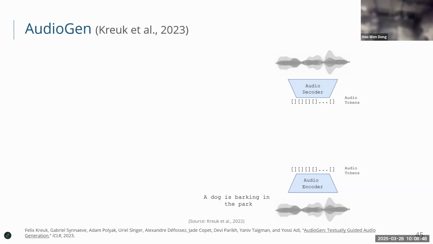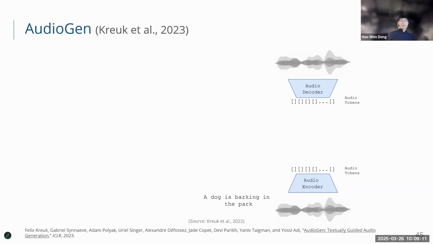So this is pretty much just like a machine translation task. You go from something you understand, English, to some alien language you don't understand. But who cares? It's alien language, and you know some way to turn it back to a waveform. So this is just a translation task.